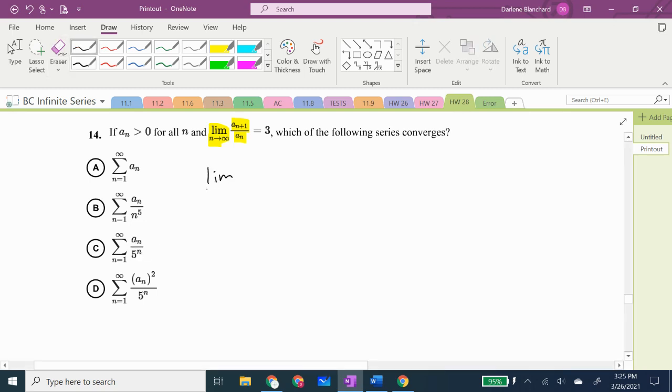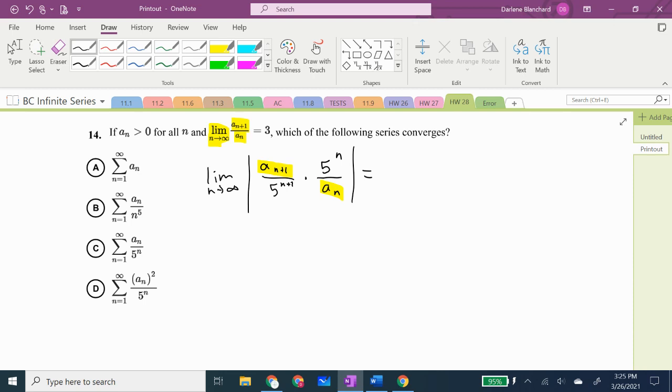Limit as n approaches infinity of the n plus 1th term times the reciprocal of the nth term. Now when I'm looking at the ratio of a sub n plus 1 over a sub n, I know that that is approaching 3.